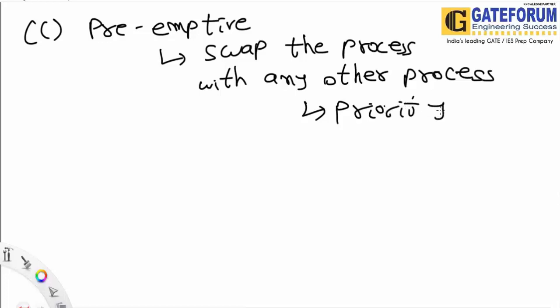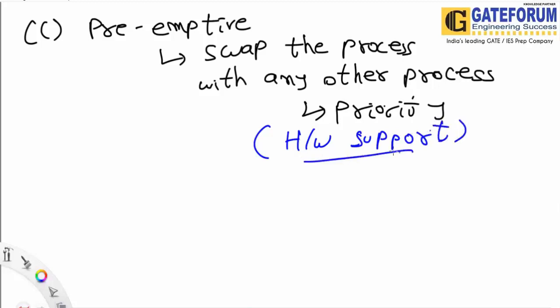Now this work can be done using hardware support only. So always understand that we require hardware support whenever we want to do preemptive scheduling. So this is also correct.